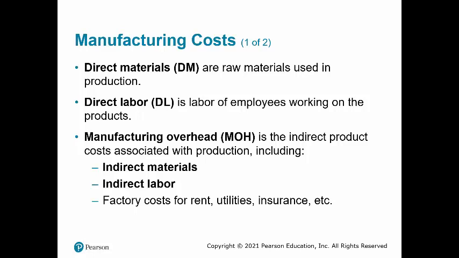Indirect materials are used in making the product, but they're either too small or the cost involved in tracing them to that product is not cost effective. The same is true with indirect labor. These are the things that we would include in manufacturing overhead.